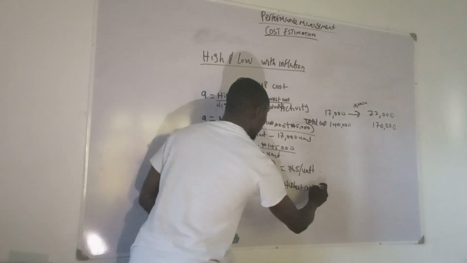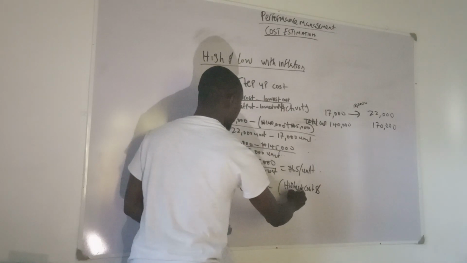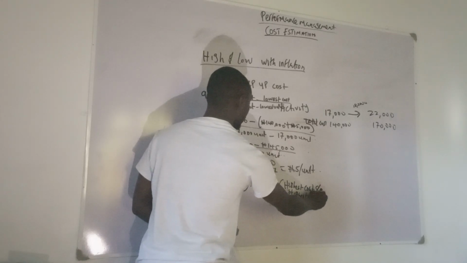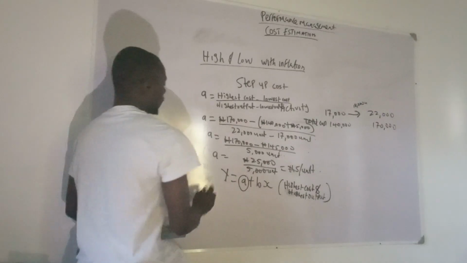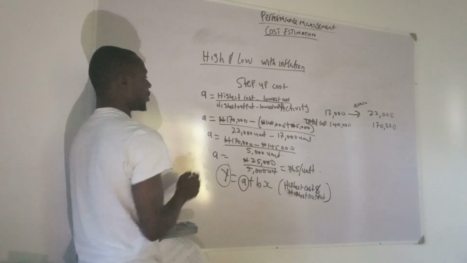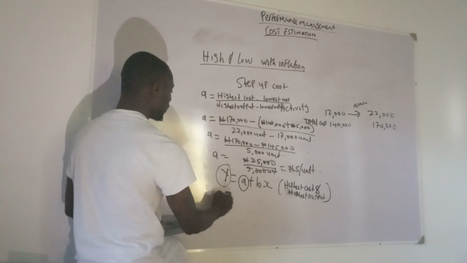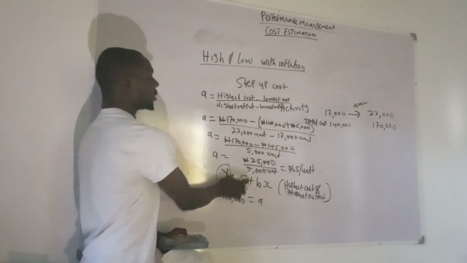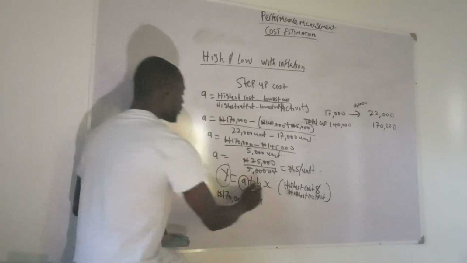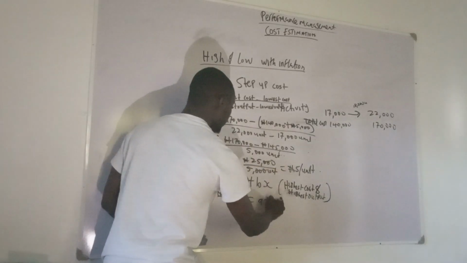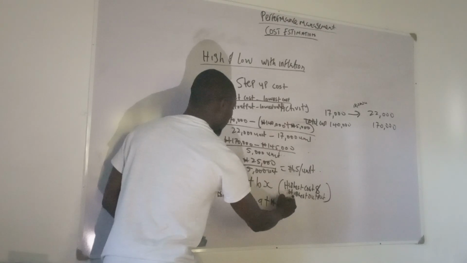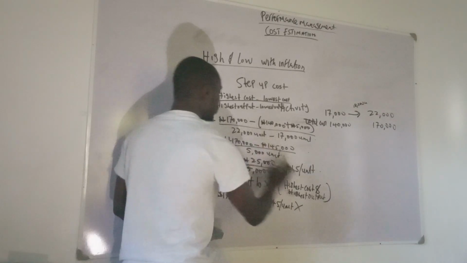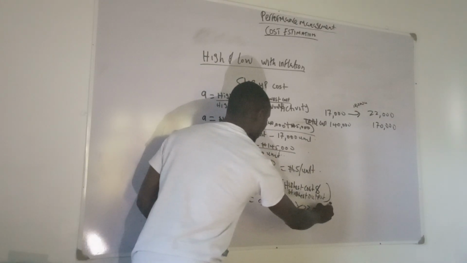Highest cost and highest output. What is the highest cost here? 170 equals A, because we need to get our fixed cost, A plus B, the variable cost per unit, which is 5 naira per unit, times the highest output here, which is 22,000 units.